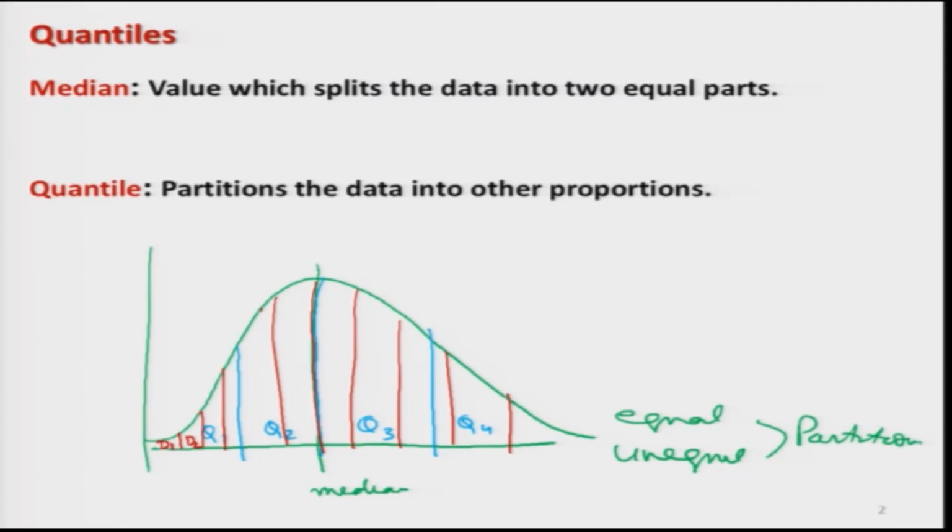In general these partitions are called quantiles. So, just like the median partitions the total frequency into two equal parts, similarly quantiles partition the total frequency into some other proportions, and these proportions are decided by us.